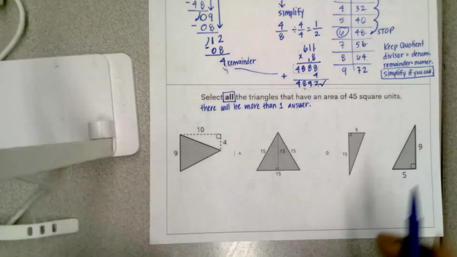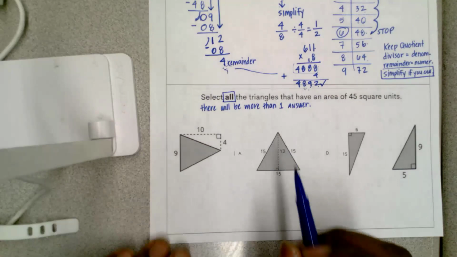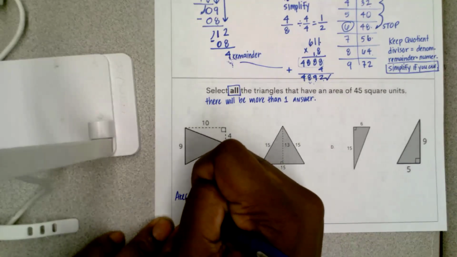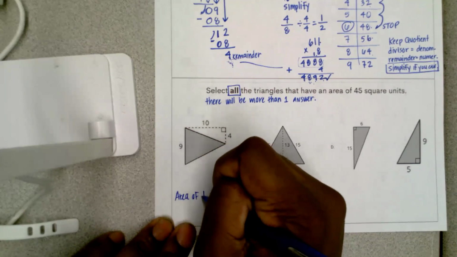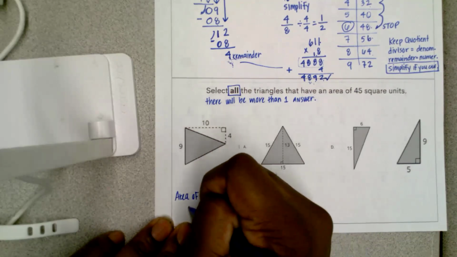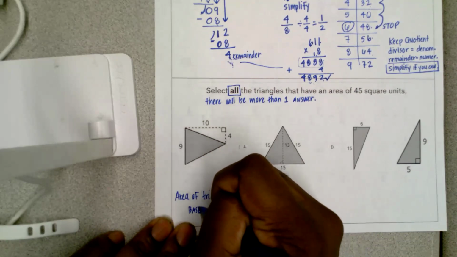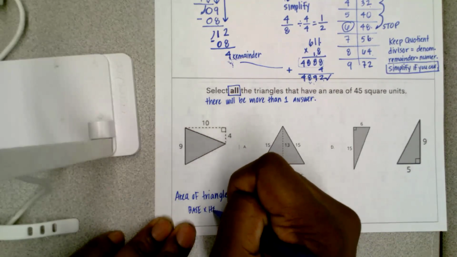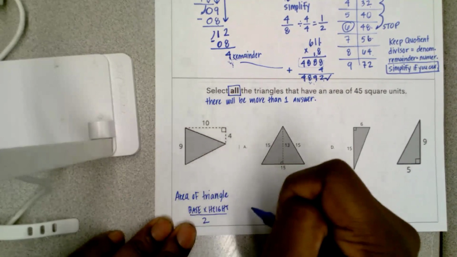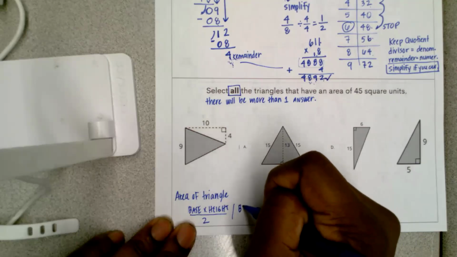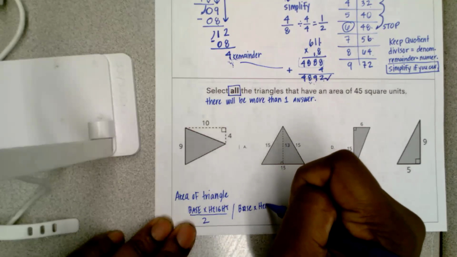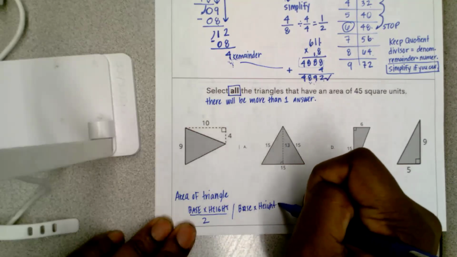All right. We also know the area of a triangle is base times height divided by 2, or base times height times 1/2.